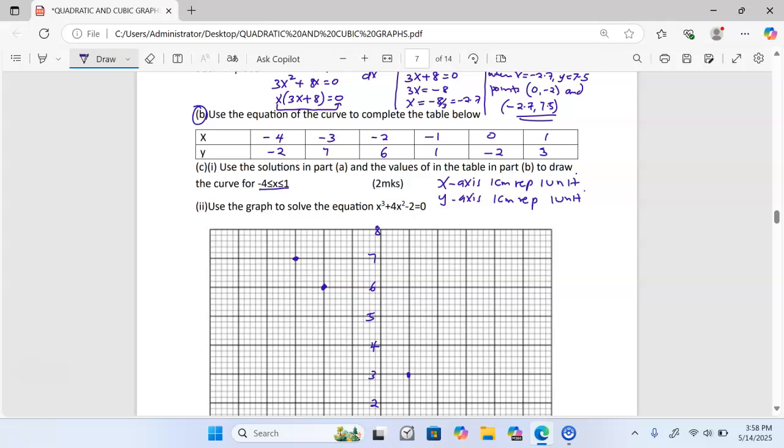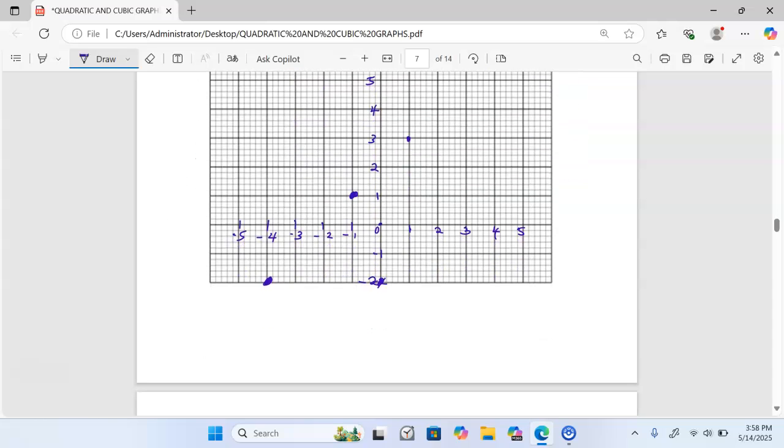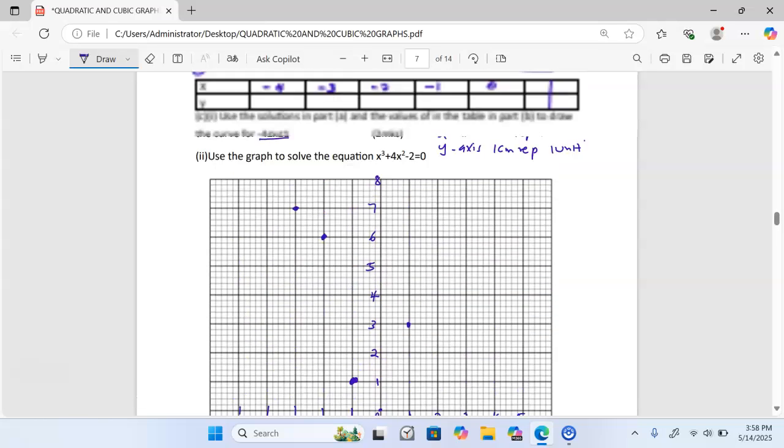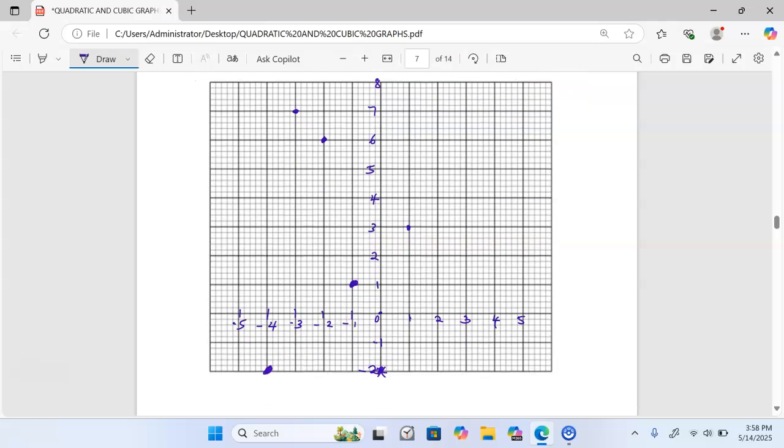Remember, the turning point of the first curve is at 0, -2, which is already indicated at this point, and the other turning point is -2.7, 7.5. -2.7 is around here, 7.5 is going to be around this point here. That is going to be our turning point, and from here now we can join all our points as follows.